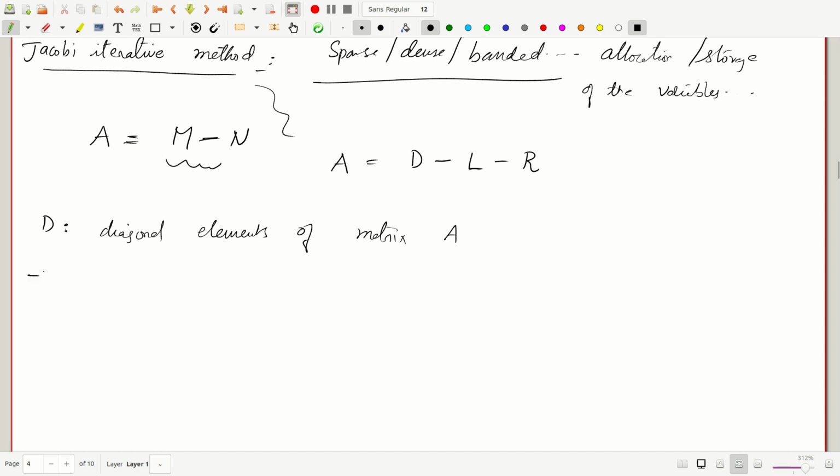Okay, and then your minus L is a lower triangular matrix of A without the diagonal elements.